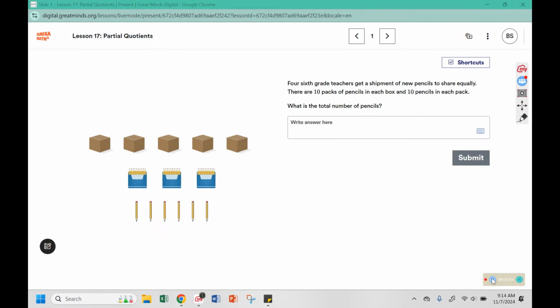4 sixth-grade teachers get a shipment of new pencils to share equally. There are 10 packs of pencils in each box and 10 pencils in each pack. What is the total number of pencils? If there are 10 packs with 10 pencils in each box, 10 times 10 is 100.